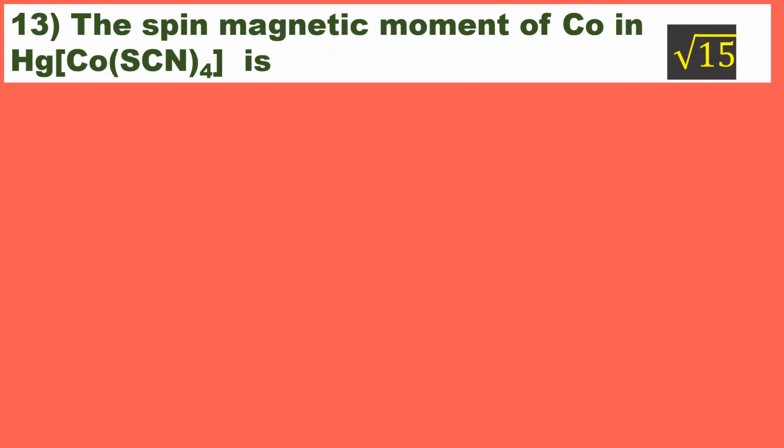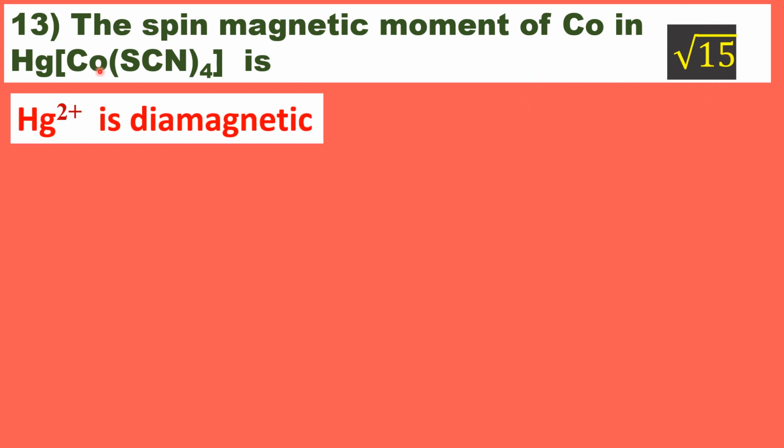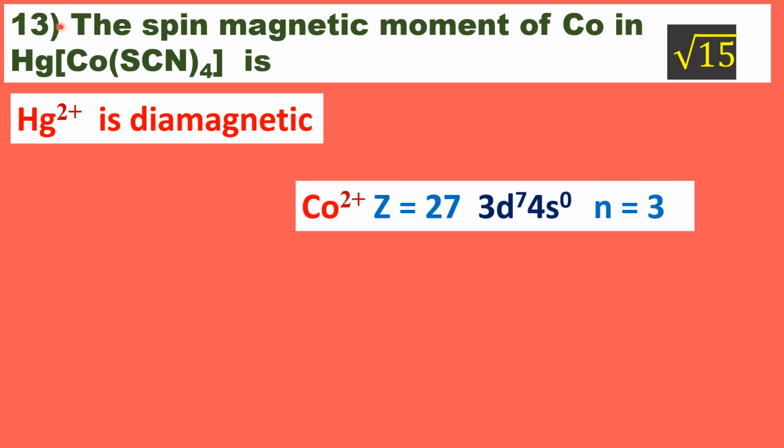Yes, it is square root of 15. Okay, let us see how this value is obtained. In this, Hg2+, the mercuric ion, is diamagnetic because it has a d10 configuration. The central atom in this coordination complex is Co2+, and SCN is a monodentate ligand, SCN minus.